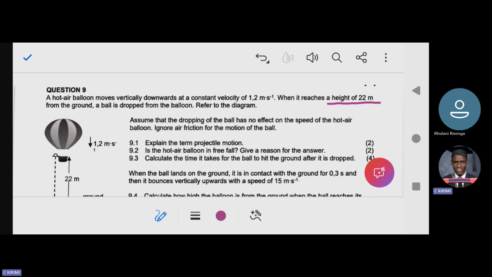So I'm saying, what was the initial velocity of the balloon? 1.2 meters per second. But velocity must have direction. Is it upwards or downwards?